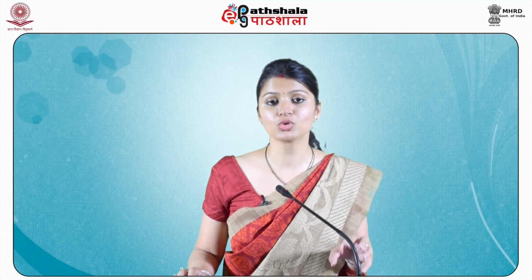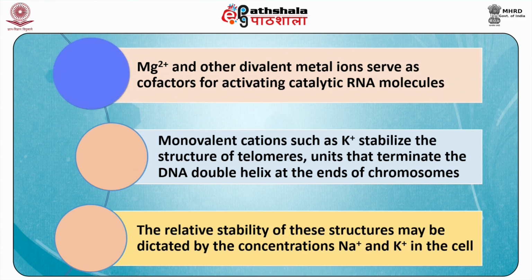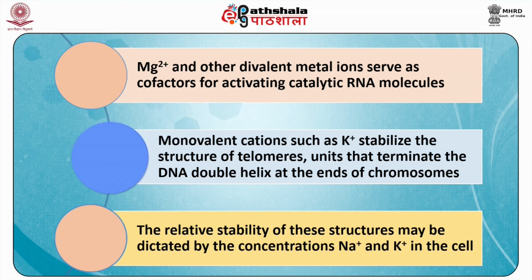Recently, more specific bindings of metal ions to the nucleic acid has been discovered. Thus, magnesium and other divalent metal ions serve as cofactors for activating catalytic RNA molecules, and monovalent cations such as potassium stabilize the structure of telomeres, units that terminate the DNA double helix at the end of chromosomes.